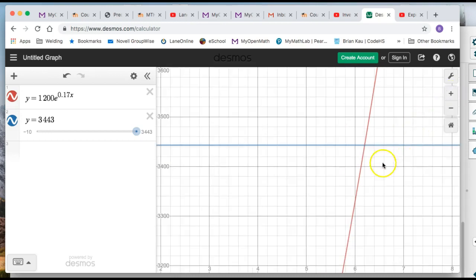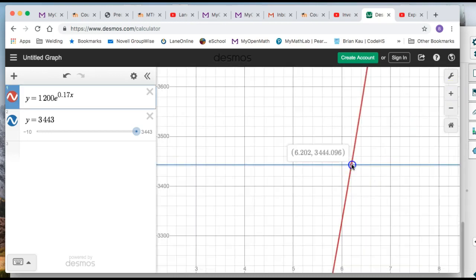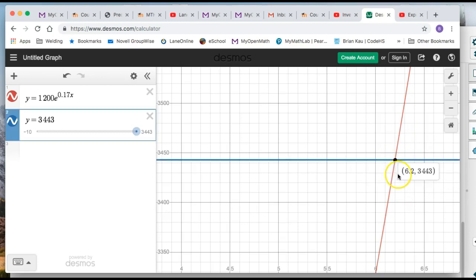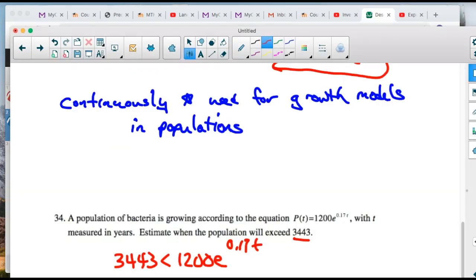Maybe I need to zoom in even more. It's saying 6.2 is my answer, even if we're zooming in quite a bit. Well, let's try even more. It's very close to 6.2. So I'm going to say the answer is 6.2 years.